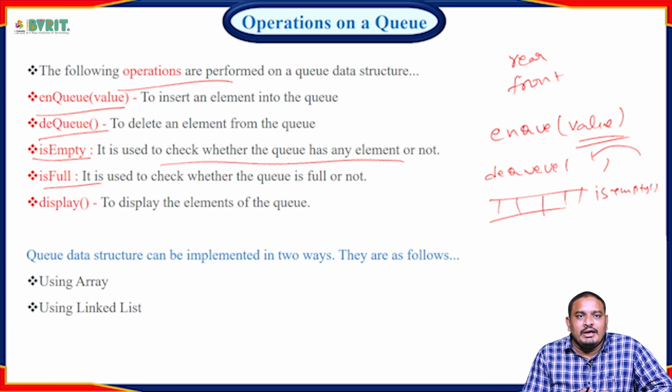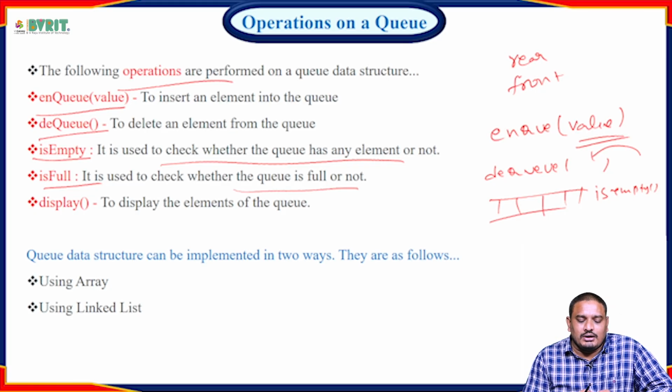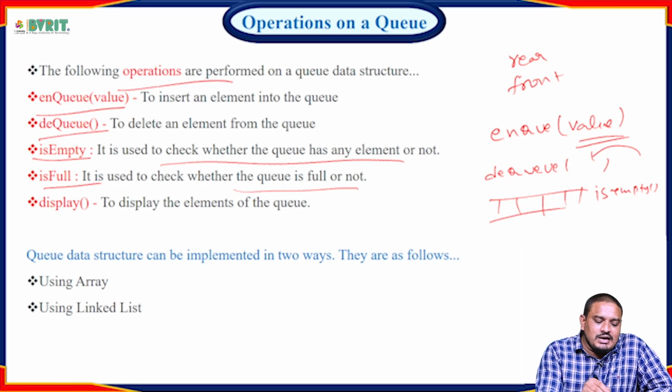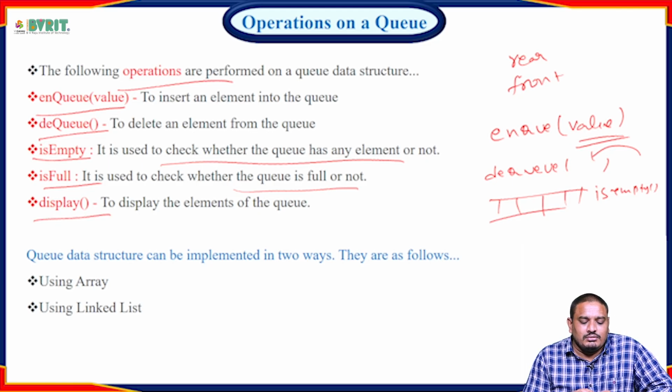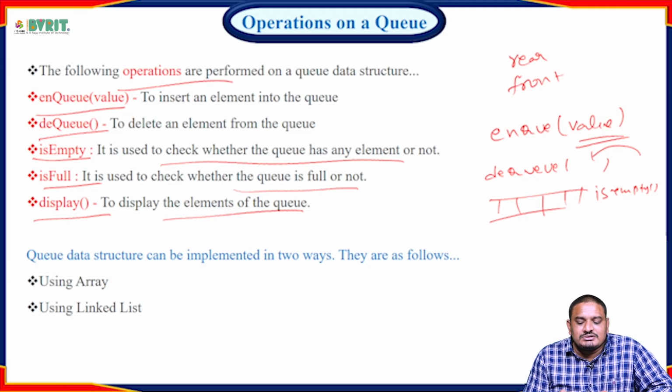Next one is isFull. isFull is used to check whether the Q is full or not. Last one is the display method. We are using the display method to display the elements of the Q. Those are the Q operations.